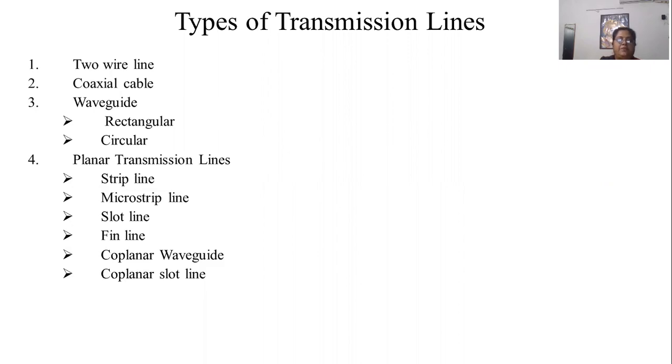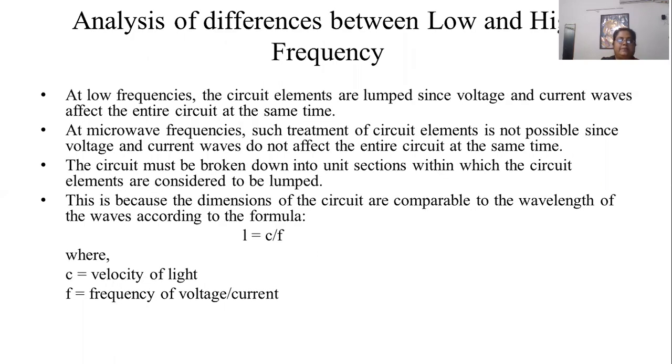Third, waveguide, which is of two kinds, rectangular waveguide and circular waveguide. Fourth one is planar transmission line, which consists of stripline, microstrip line, slot line, fin line, coplanar waveguides, and coplanar slot lines.